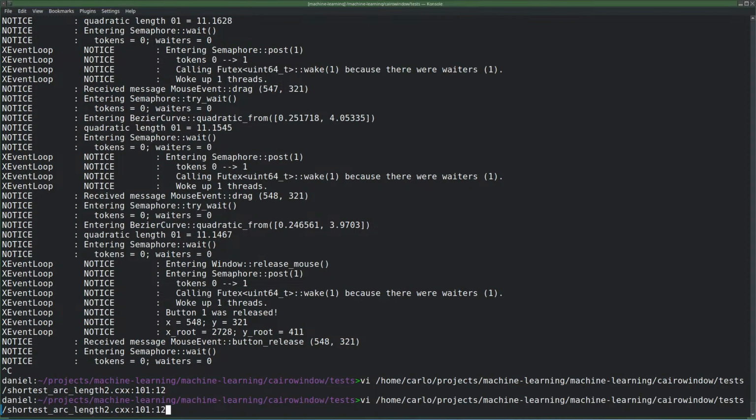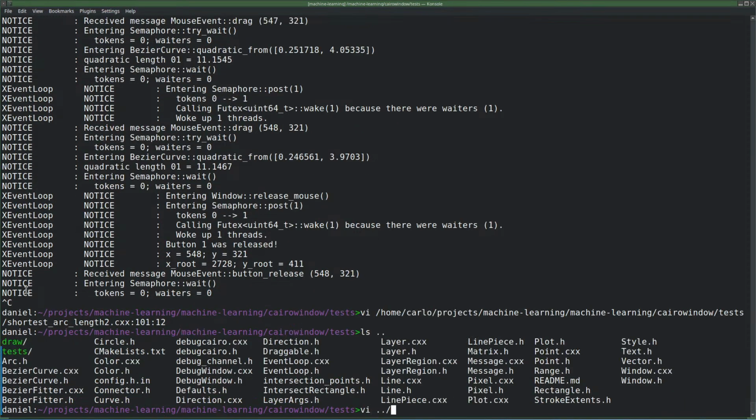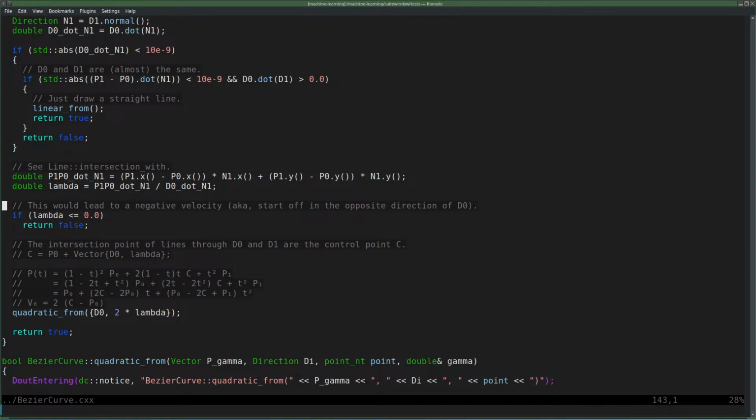No, really. Again. Bezier curve. Would be nice to draw C. I'll add that.